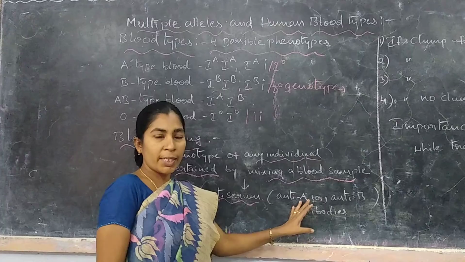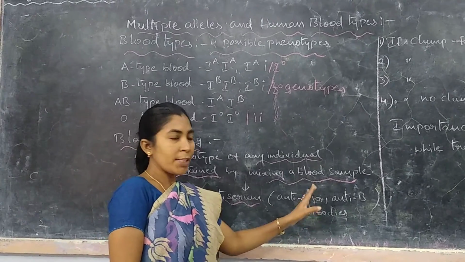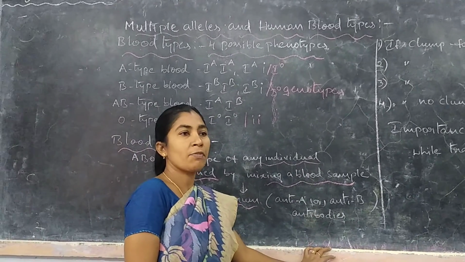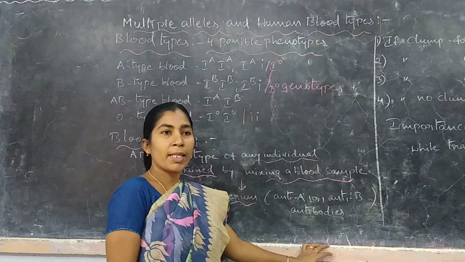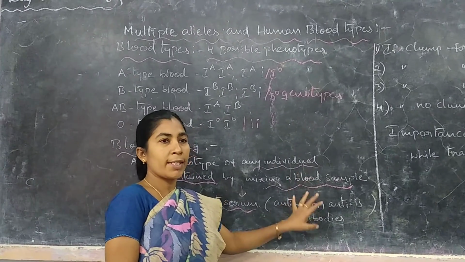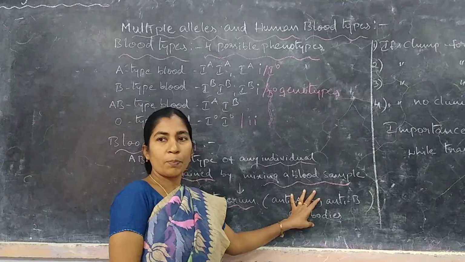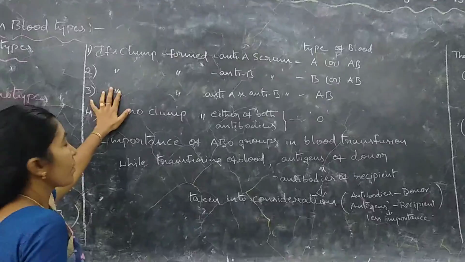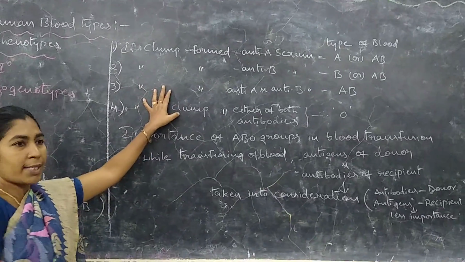At that time we observe what type of clump is formed, how agglutination is formed. Based on that we can determine which blood group it is. How can we analyze that blood test?